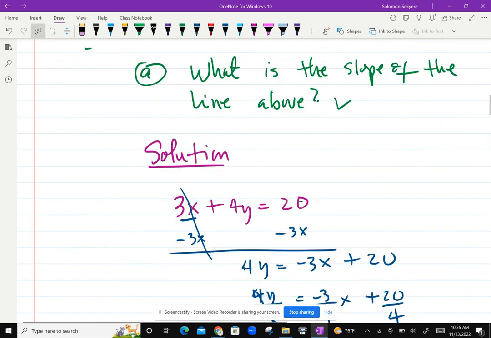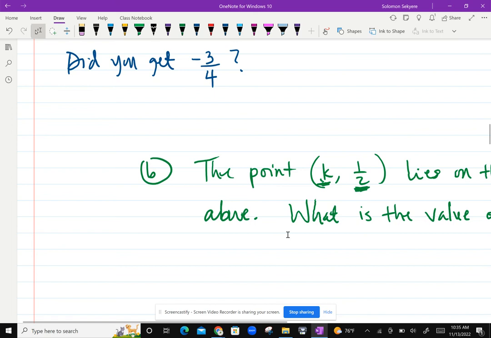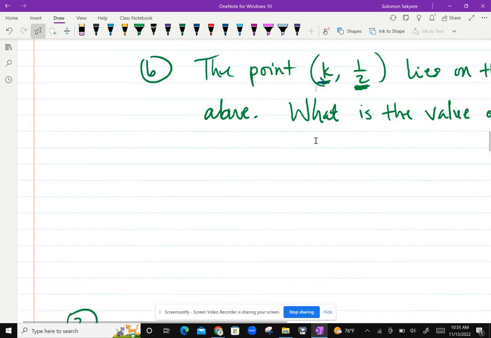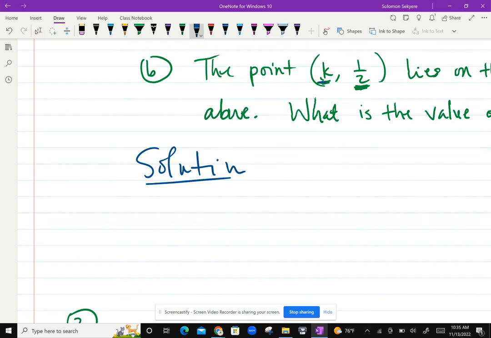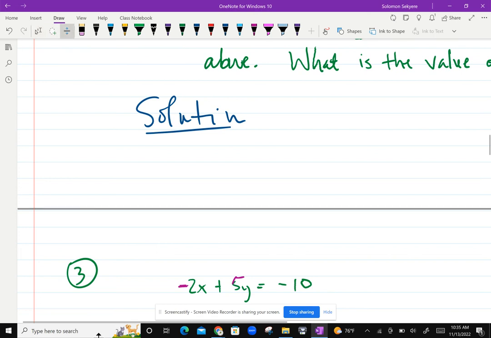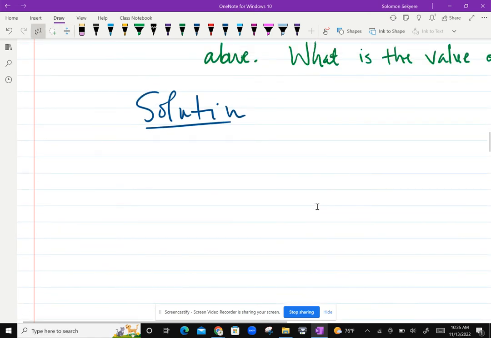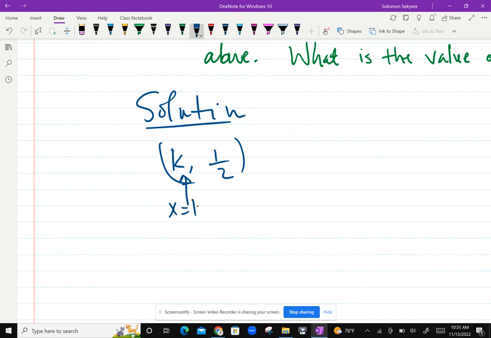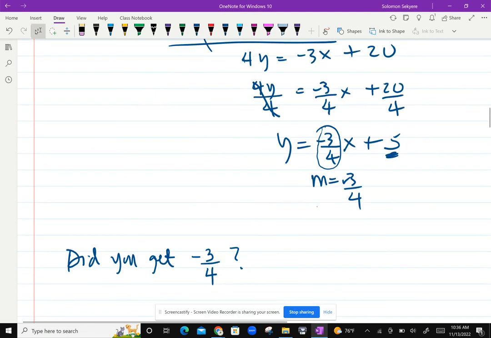Now, what if you're told the point (k, 1/2) lies on the line above? What is the value of k? What does it mean when we say the point (k, 1/2) lies on the line? It means that when x equals k, y equals 1/2, and then we substitute that in the equation.